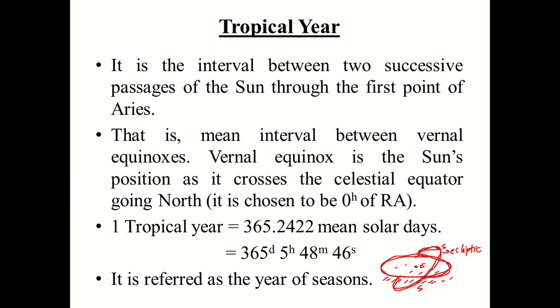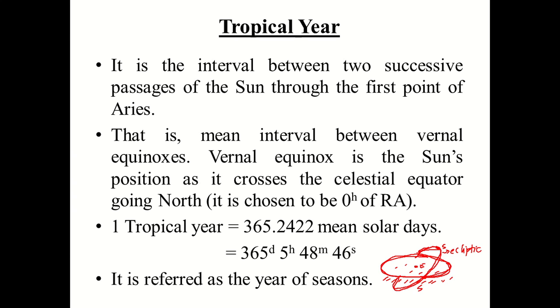So declination is similar to the latitude, and right ascension is similar to the longitude. So tropically we can define it in this way: it is the mean interval between two vernal equinoxes.